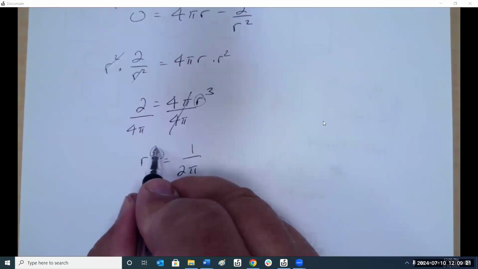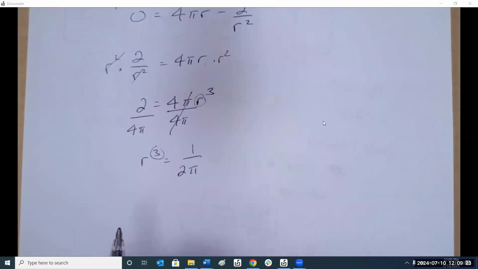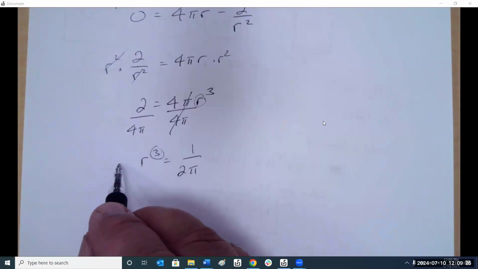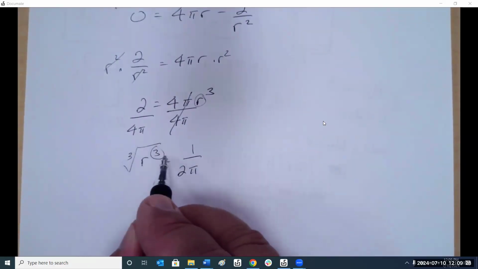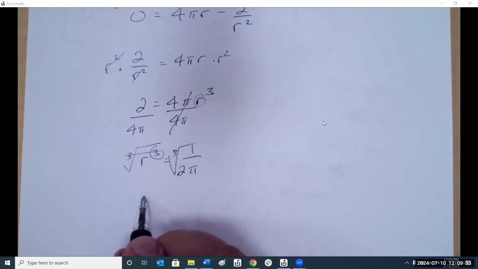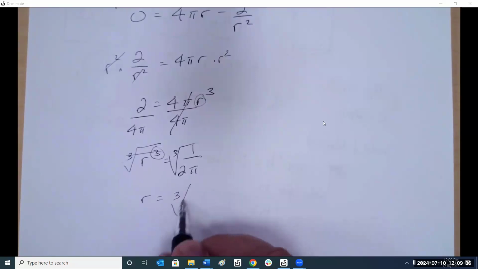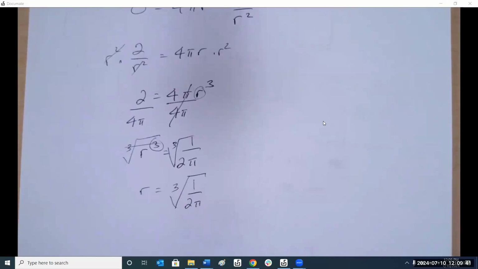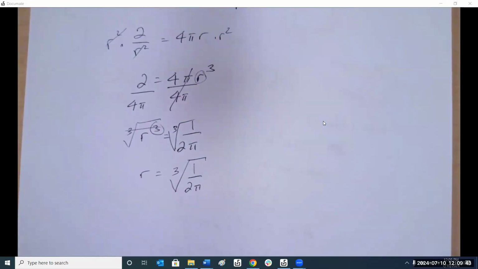How do we get rid of the cube? Cube root. Whatever that root has to be, do it to both sides. So r is equal to the cube root of 1 over 2 pi. Whatever that number is, that's the answer.